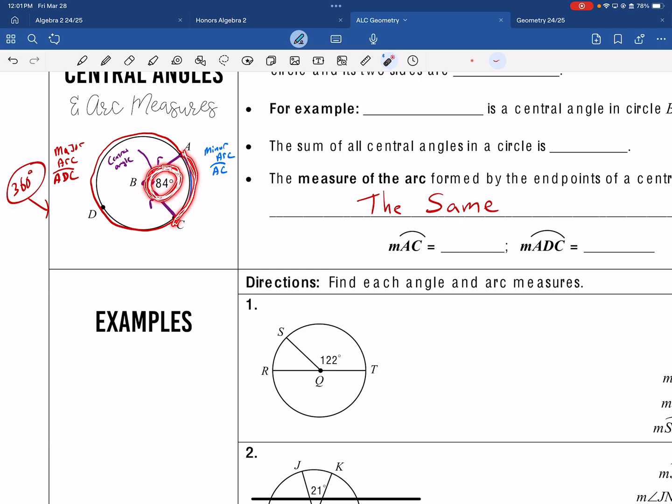So if the central angle is 84, the measure of arc AC is also 84. The measure of the arc is exactly the same as the measure of the central angle that created it.